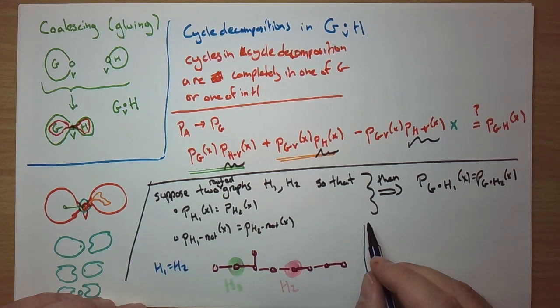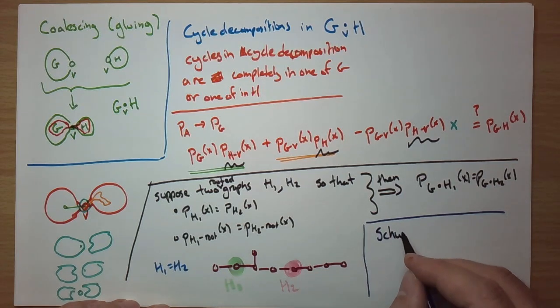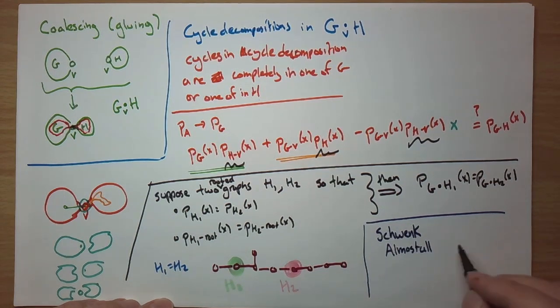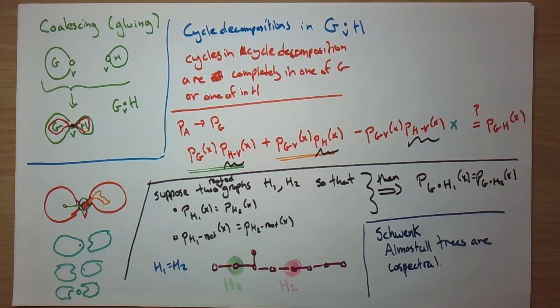All right. So, this turns out to be a very nice result due to Schwenk. And what Schwenk showed is that almost all trees are cospectral. And I should explain what these things mean. First, okay, we know what trees mean. Cospectral means they have the same spectrum. Now, it doesn't mean that almost all trees have the same spectrum.